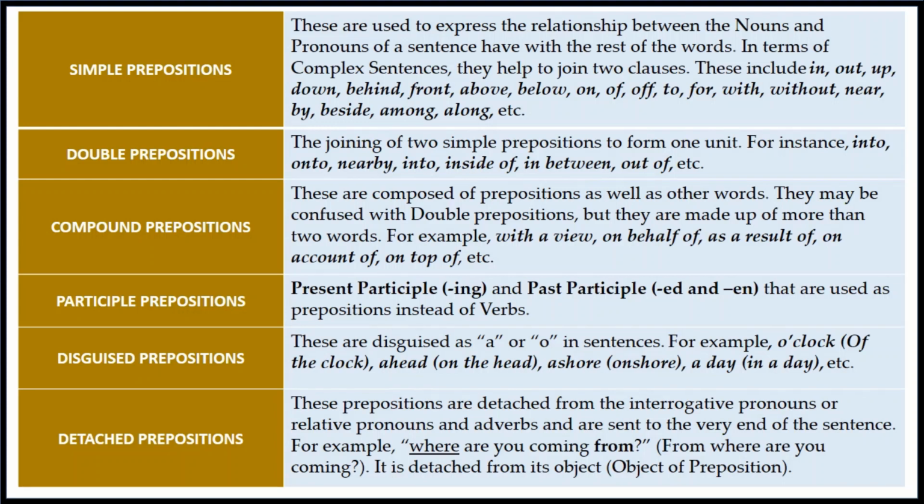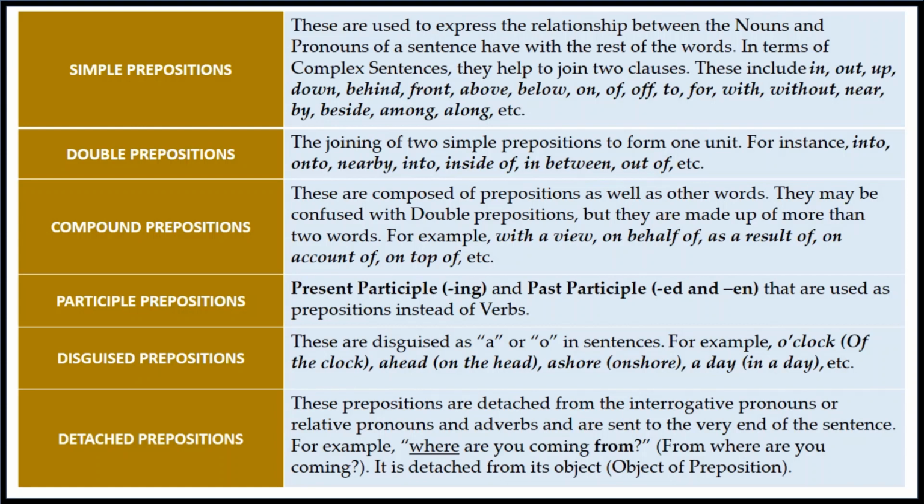But in complex sentences, they help to join two clauses, two sentences actually. And in simple sentences, they help to express the relation between nouns or pronouns with the rest of the sentence. Common simple prepositions are in, out, up, down, behind, front, etc.